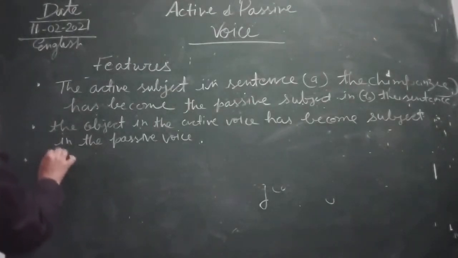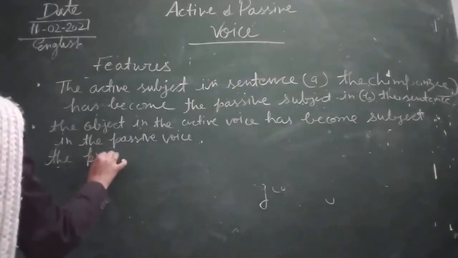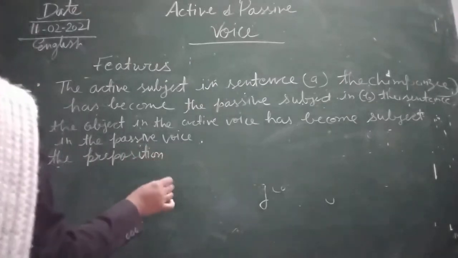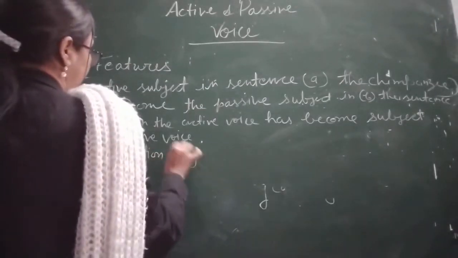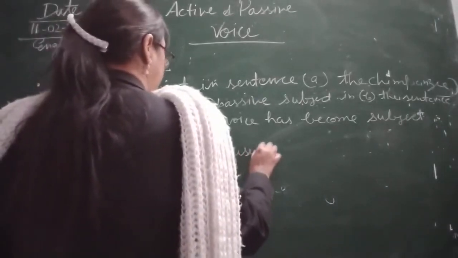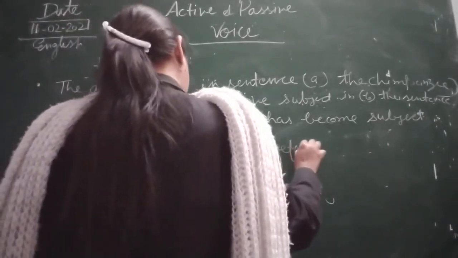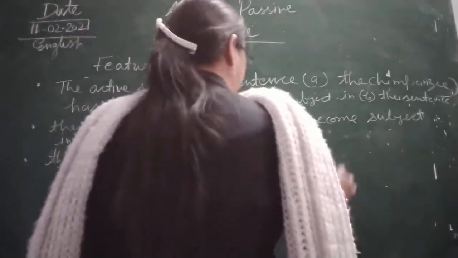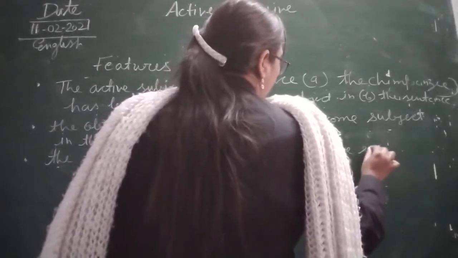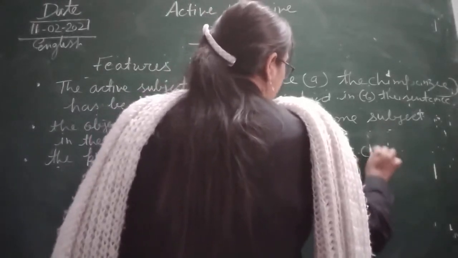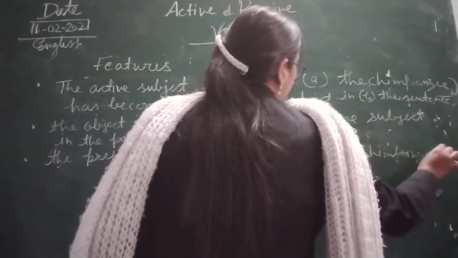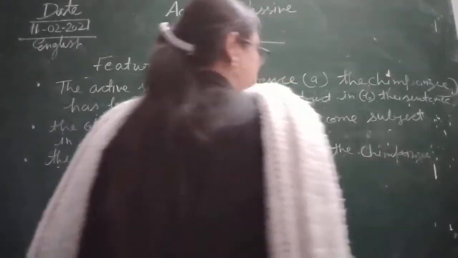Okay. Now the preposition by is used before the subject, or you can say the chimpanzee, if we take the same example. So who is eating this?